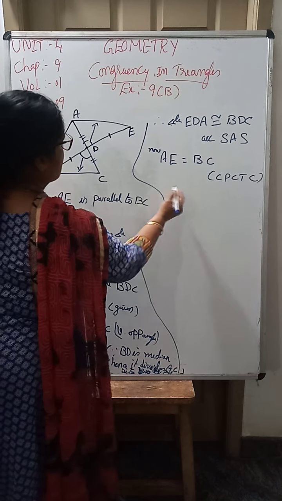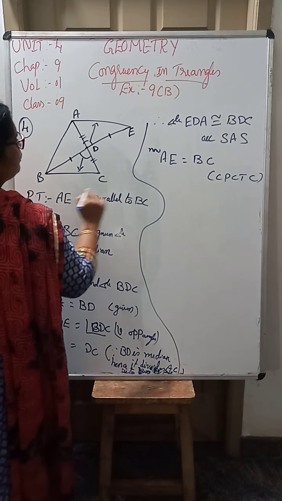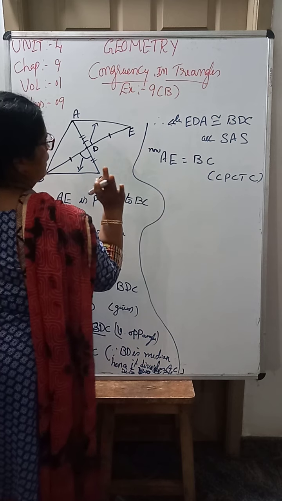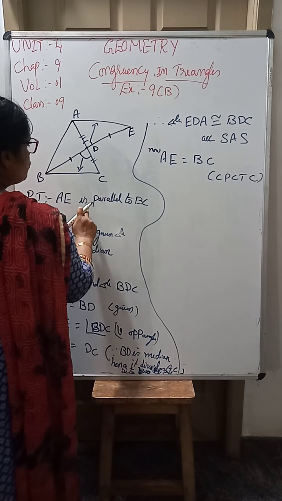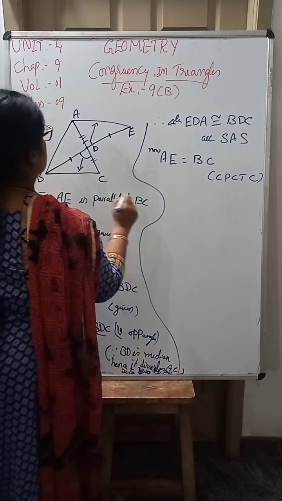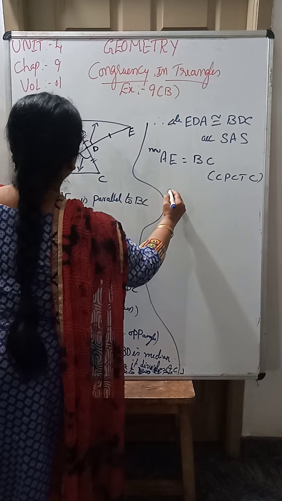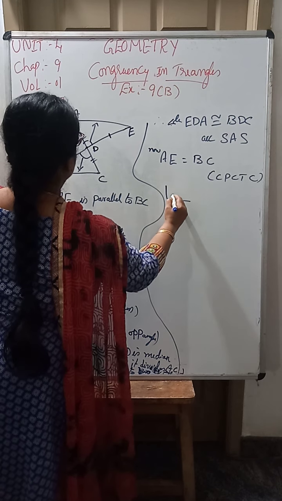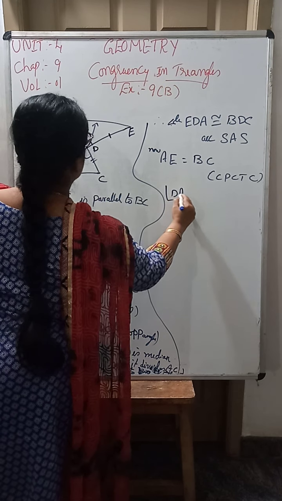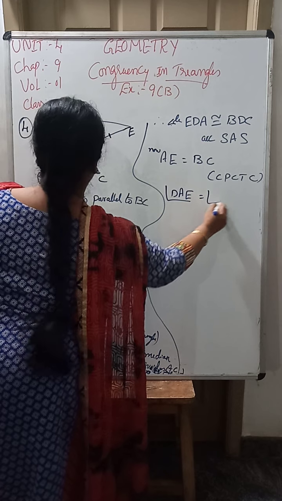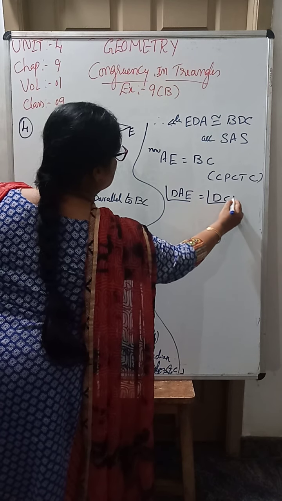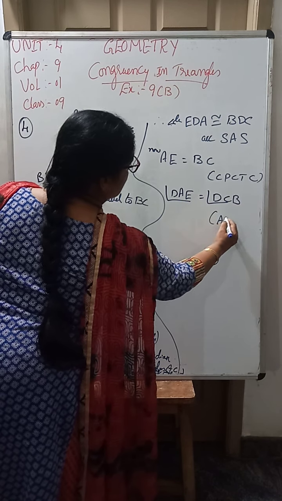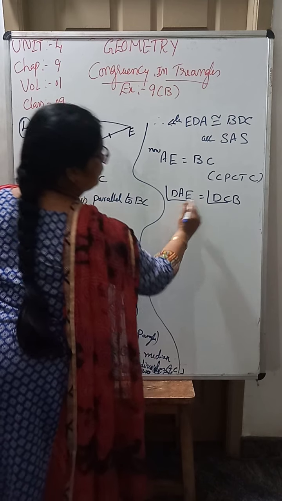Now we are with the second part. Now here see AE is equal to BC, but we have to prove AE is parallel to BC. So therefore one more thing we have to prove, that is angle DAE is equal to angle DCB, CPCTC.